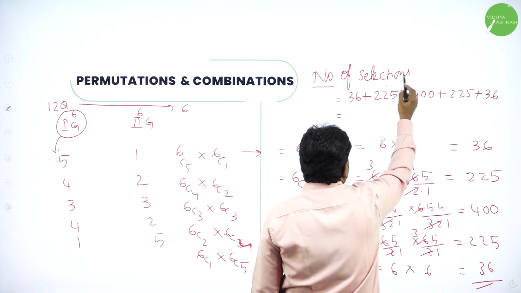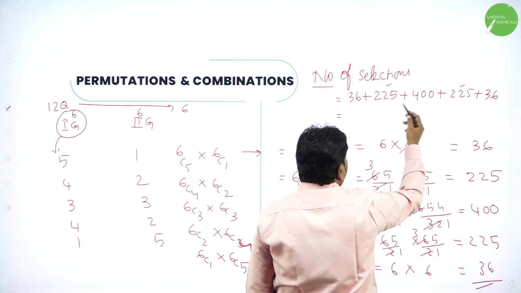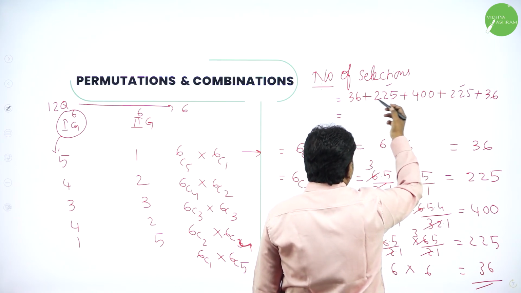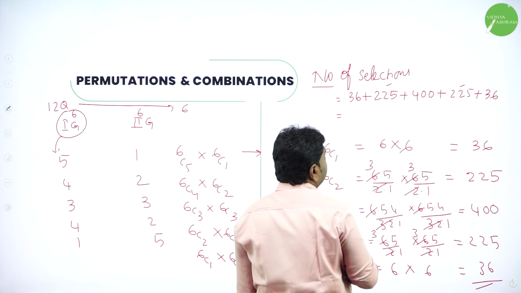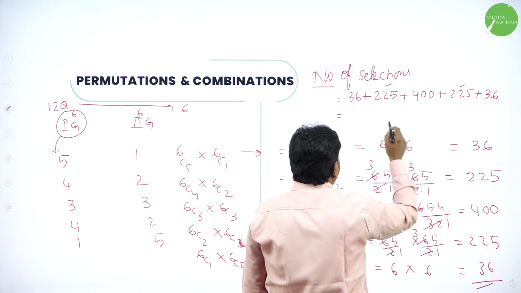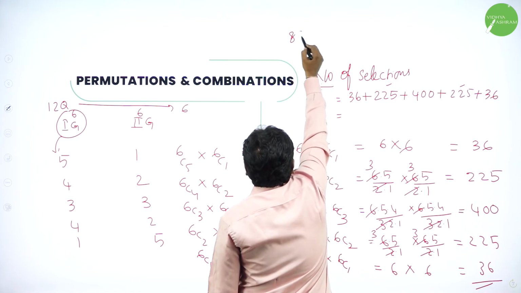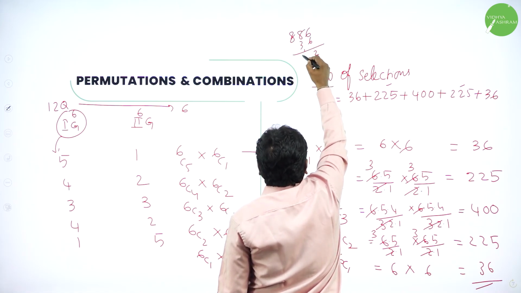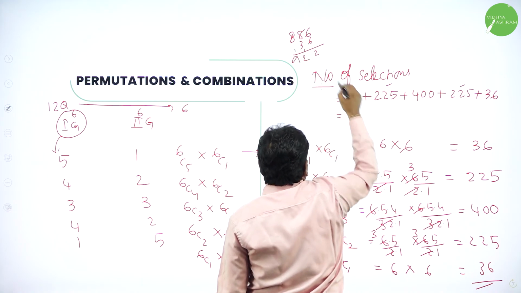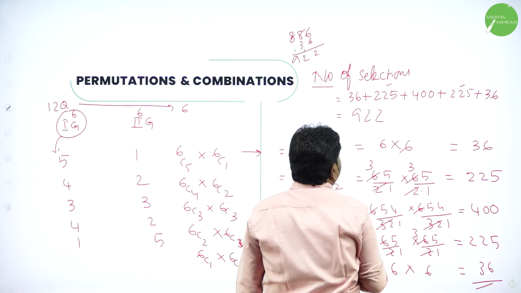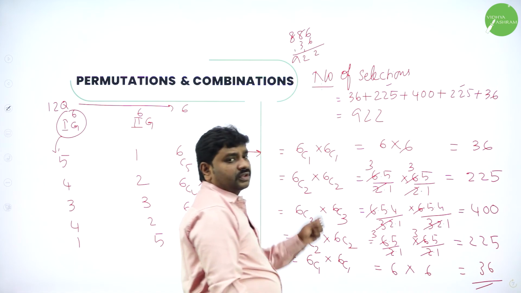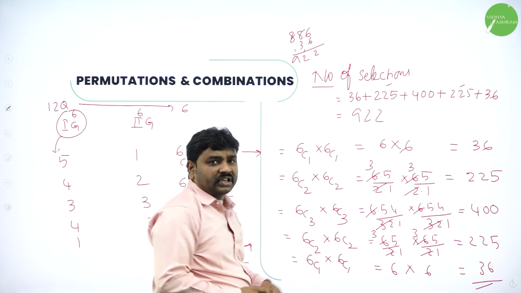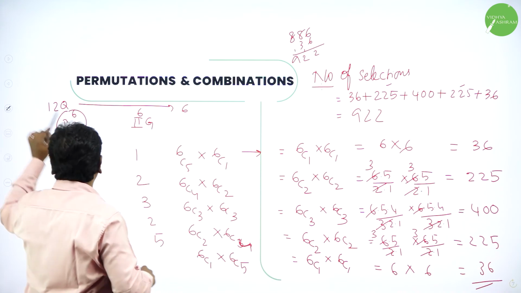So here 225 plus 225 becomes 450, 850 plus 36 is 886, plus 36, 922. You can use calculators. So these are the possible combinations, or so many ways of selecting the questions are possible.